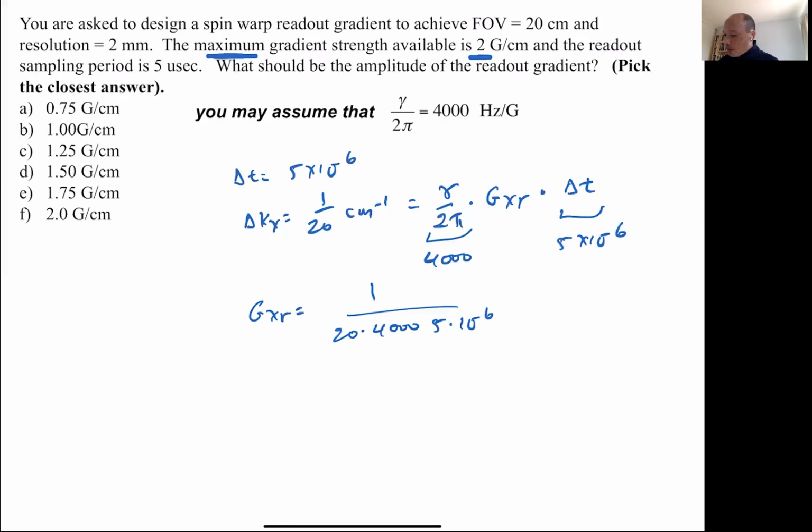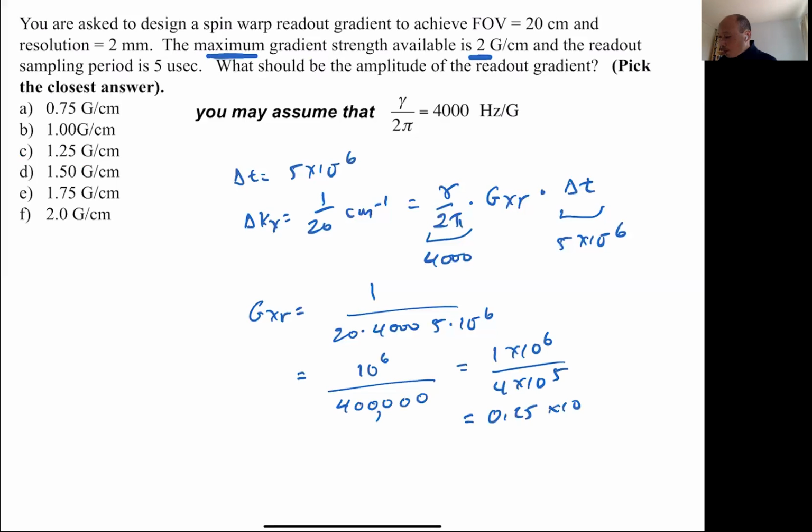That equals 10 to the 6 over, what is that? That's 100 times 4,000, so 1 times 10 to the 6th over 4 times 10 to the 5, which equals 0.25 times 10 to the 1, equals 2.5 Gauss per centimeter.